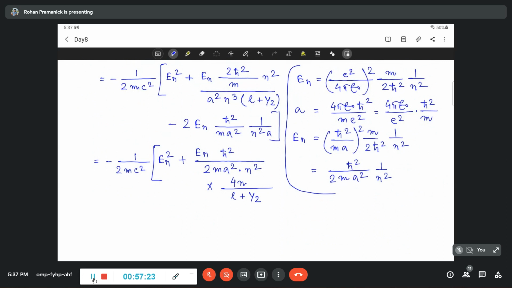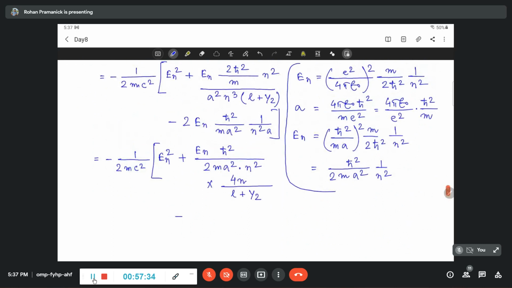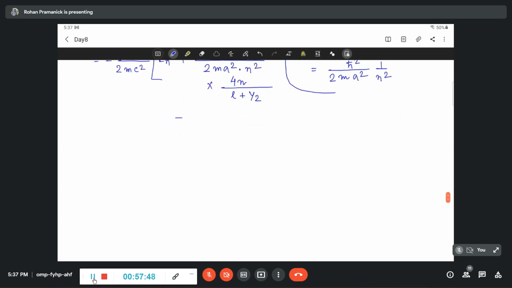And then what? 4 minus, so is this correct? 2 4 gives you 2, h cut squared is h cut squared, m squared is m squared, and there is some tension with the n, and then it is n and n squared, and that gives you fine. Oh yes, fine.